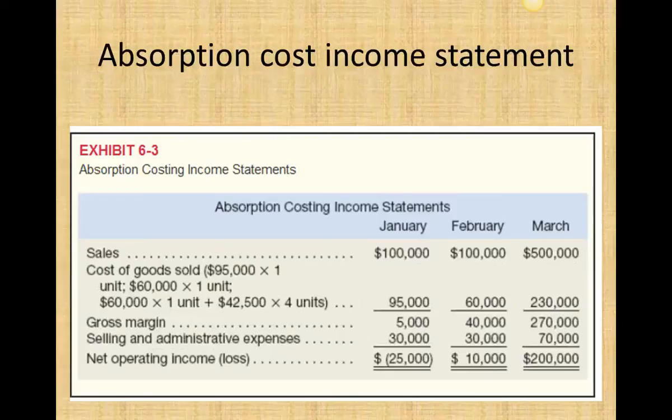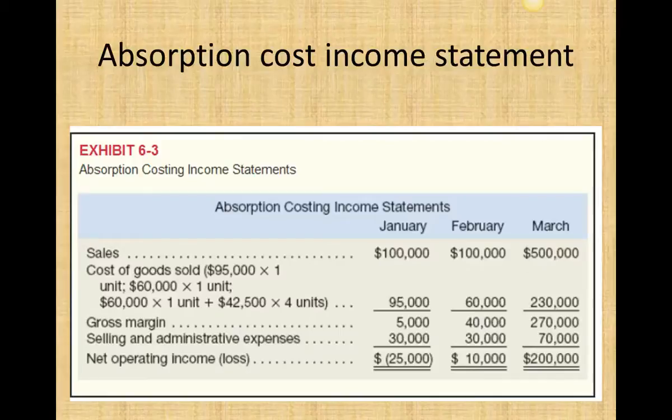So here we see the final prepared absorption cost income statement. And notice that the format on the left is very consistent with what you would see on an externally reported financial income statement, starting with top line sales less cost of goods sold, and the difference is the gross margin.